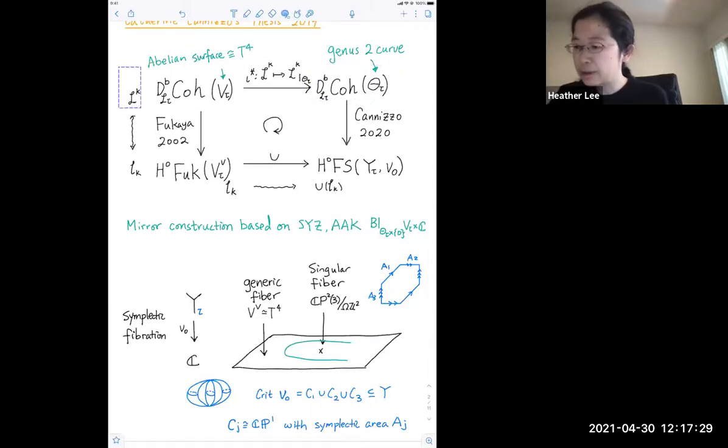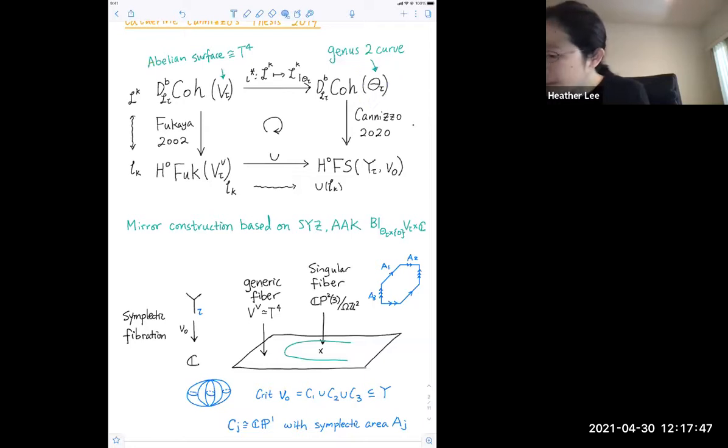And the line bundles correspond to Lagrangians on the mirror 4-torus. And this 4-torus turns out to be isomorphic to all the generic fibers of the mirror to the genus 2.